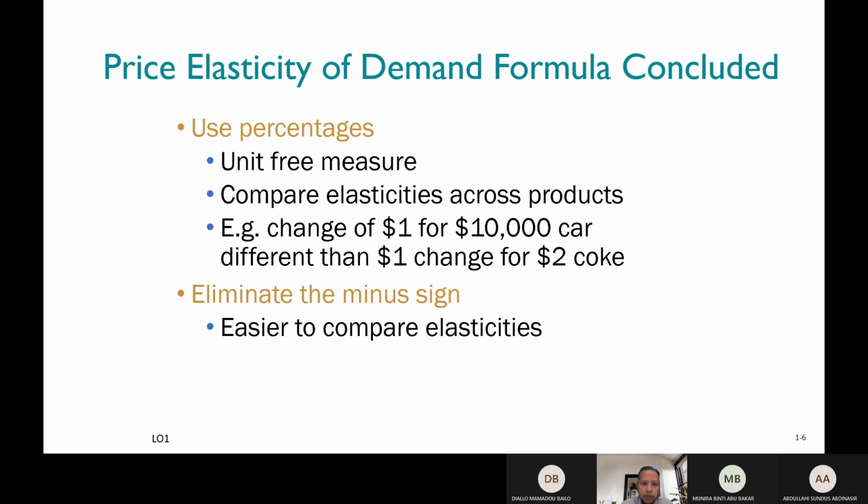For example, if there is a $1 price reduction from a $1,000 car, compared to a $1 change for a $2 Coke, this is a 50% reduction, and this is only 0.001%.